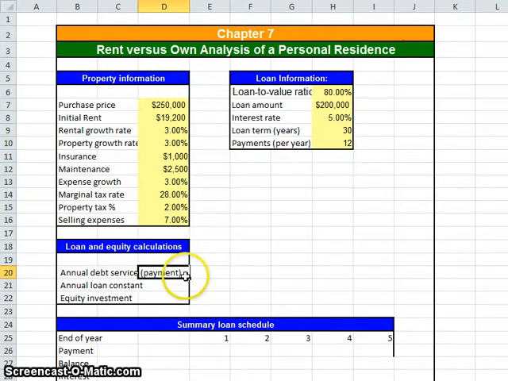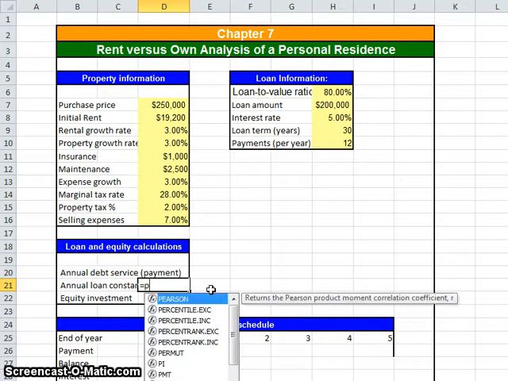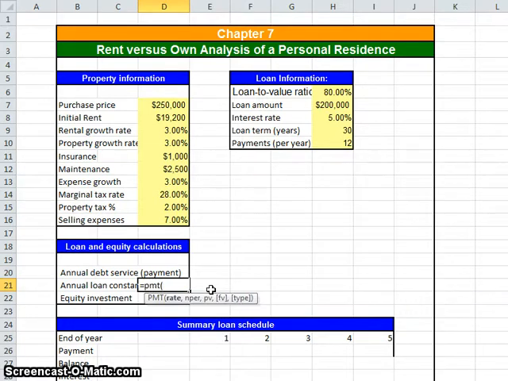Our annual debt service payment, I'm going to have to actually figure out the loan constant first. Equals PMT. Take our interest rate divided by 12.